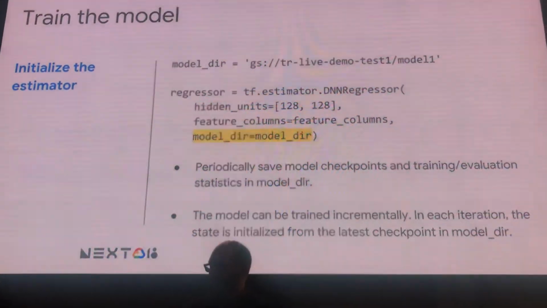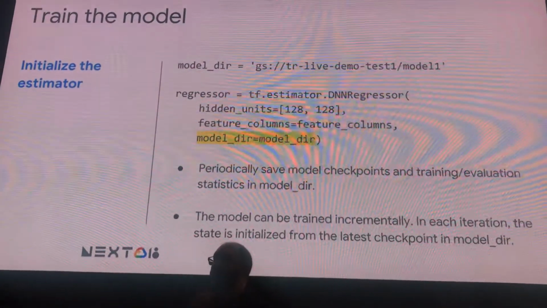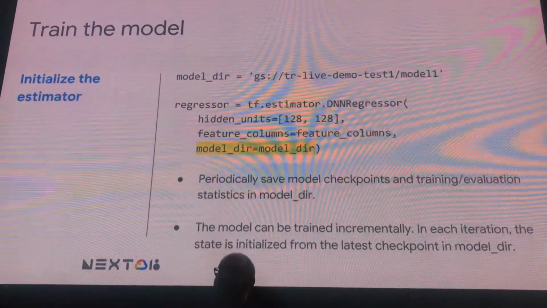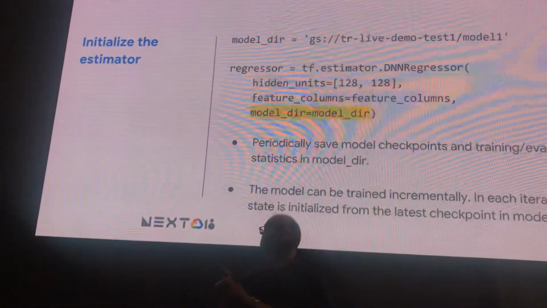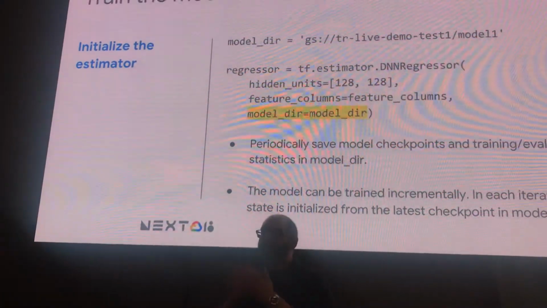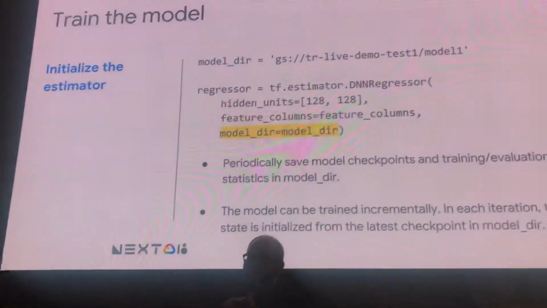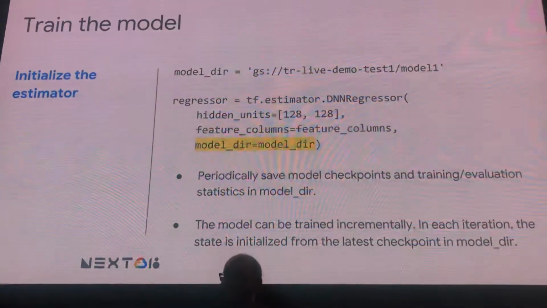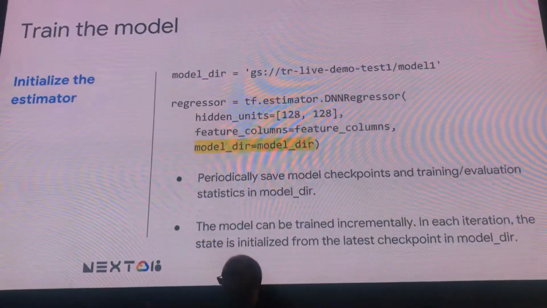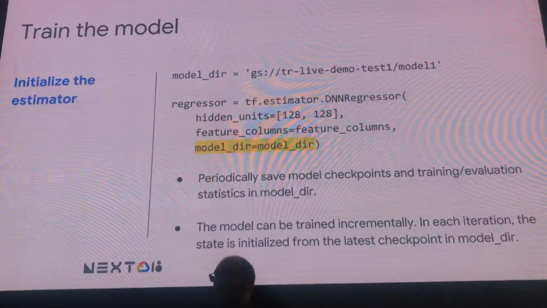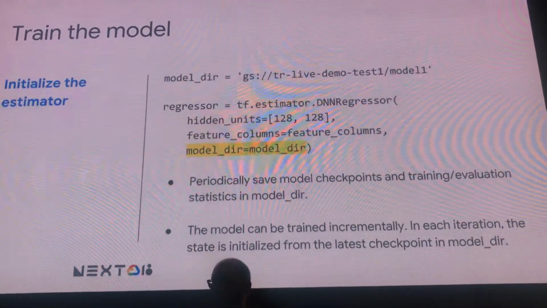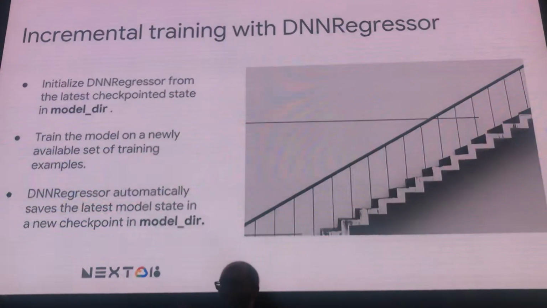And I already said that model directory is where the model stores its checkpoints, and this is also importantly the directory from which the model reads its state to initialize when you construct a regressor later on. By using this feature, you can train the model iteratively or incrementally.